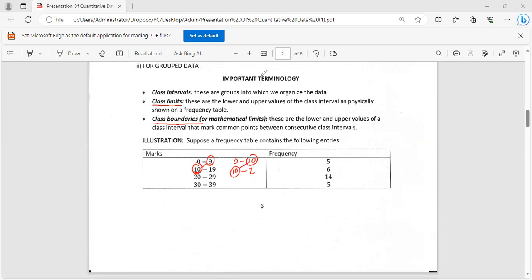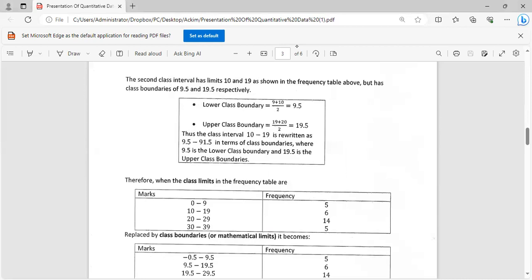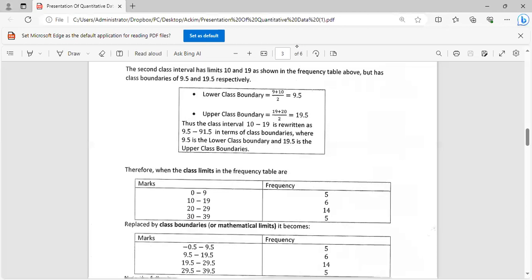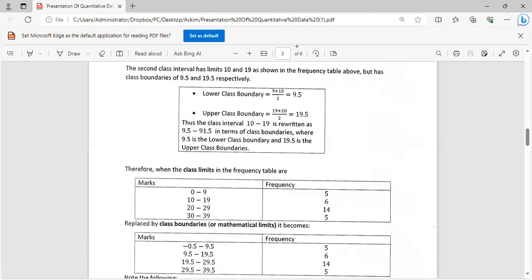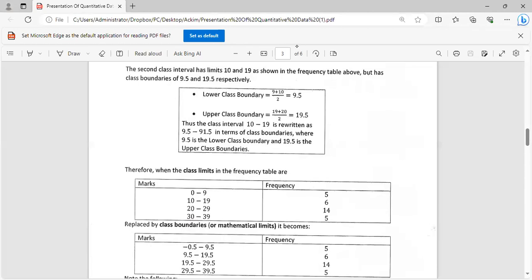Okay, so having done that, we'll progress and go to the next. Now, converting: whenever you are solving, if you want to make your life easier, you have to make sure that if you are given limits, you convert them to boundaries.